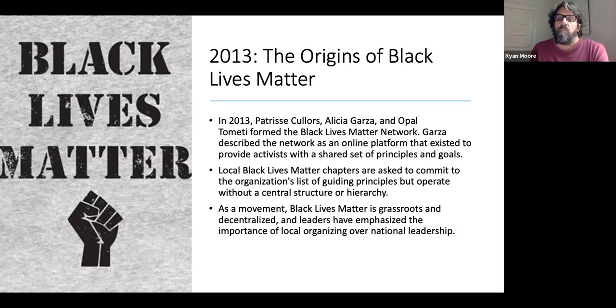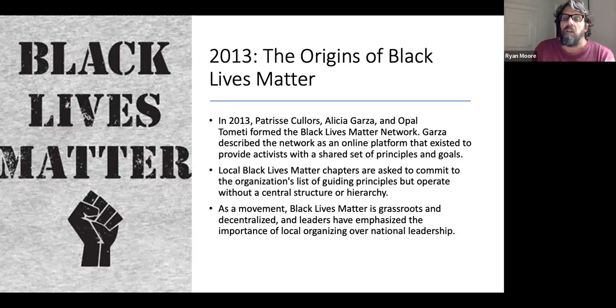So basically, as I mentioned, this is a pretty decentralized network. This social movement of Black Lives Matter is one where the local chapters are asked to commit to the organization's list of guiding principles, but otherwise they operate without a central structure or hierarchy.